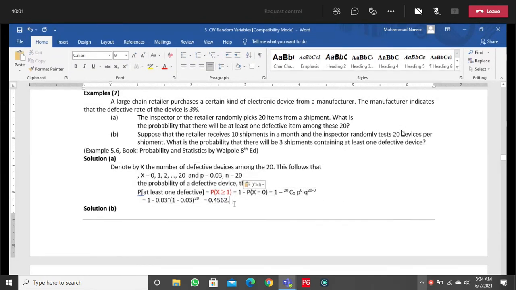That in a shipment, if we are finding at least one defective in a sample of 20, this is now a criteria for part B.